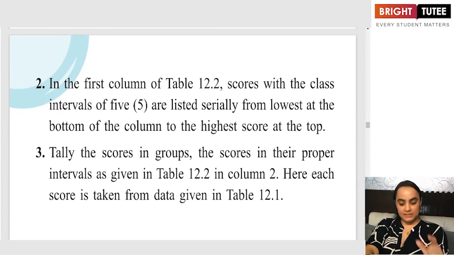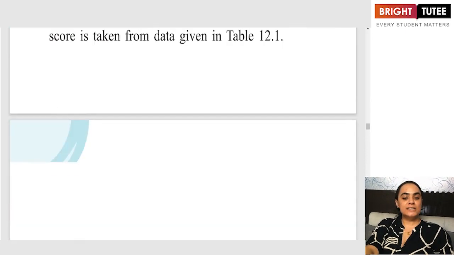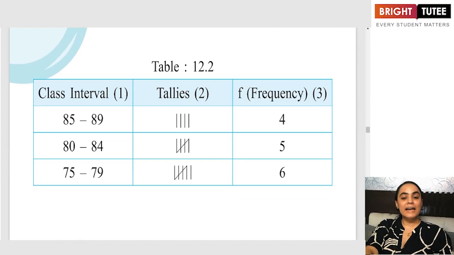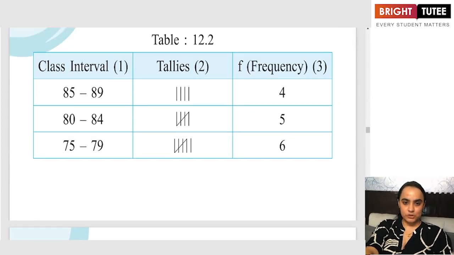In the first column, you are going to make a class interval. Second, you will make the tally bar. I will straight away move on and tell you how we make the tally bar. Here, as you can see, just observe it.